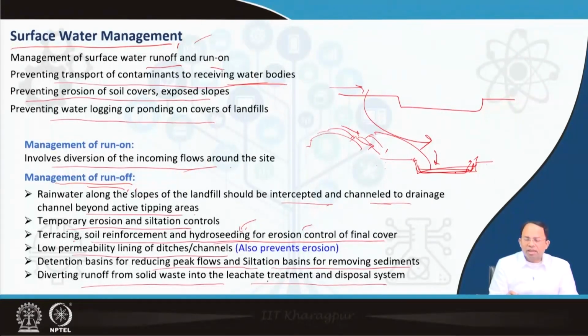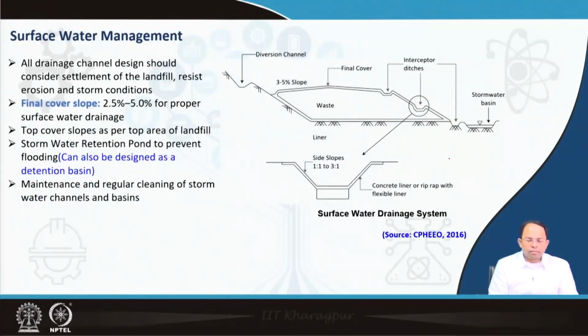That means this water could either be treated through the leachate collection system as well, or it could be treated separately, right? This is how it looks. A 3 to 5% slope is given on the final cover. At certain distances we have intercepting ditches, which could also be along the benches, and there we collect the water.